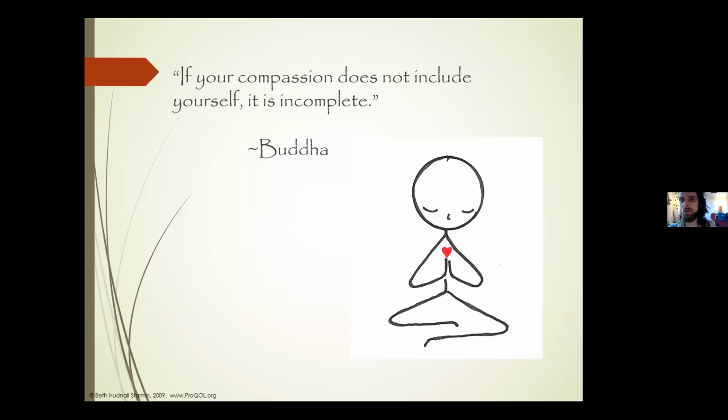You have discord within. And that's what it is when you judge yourself, when you hate yourself, when you feel shame towards yourself, all those things. In a nutshell, therapy is about making those parts that don't agree within you agree. And that's what inner peace is.